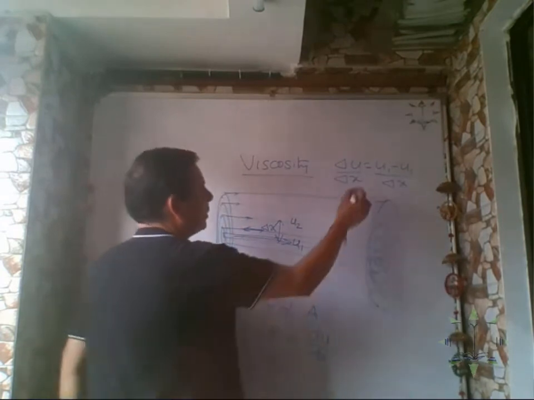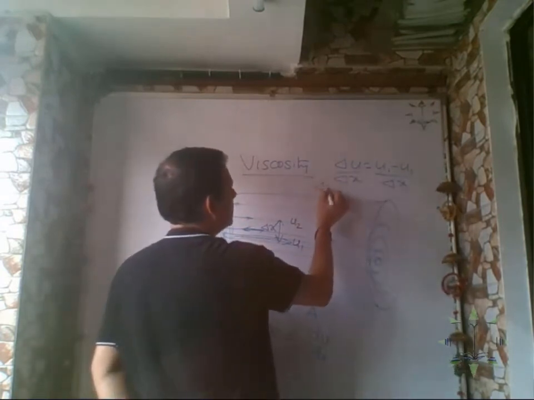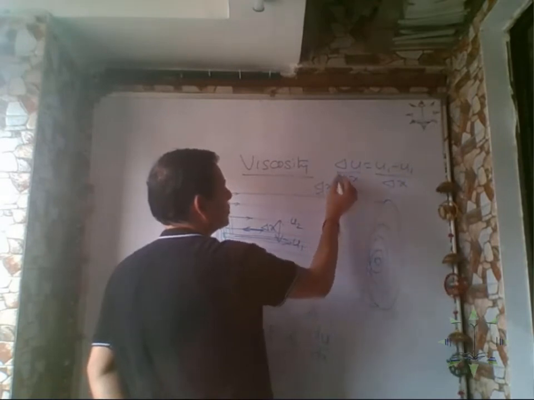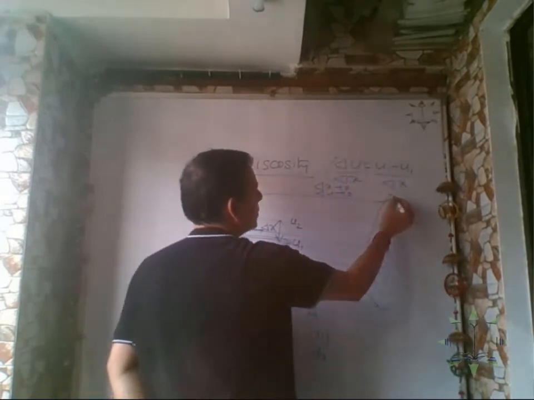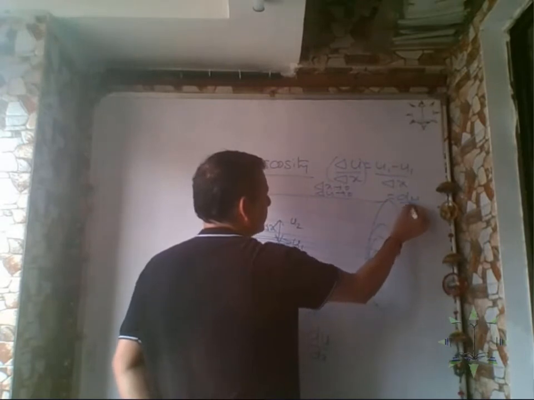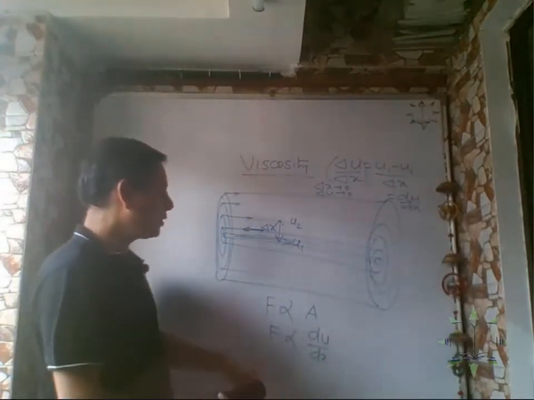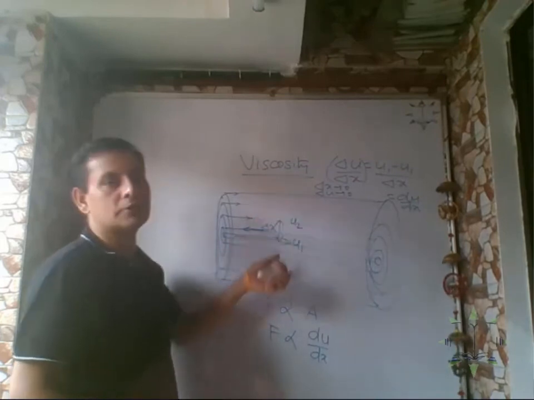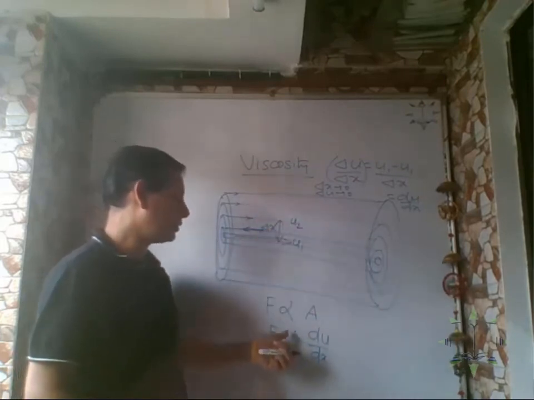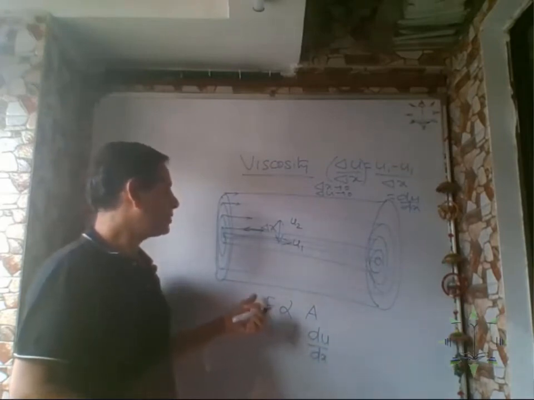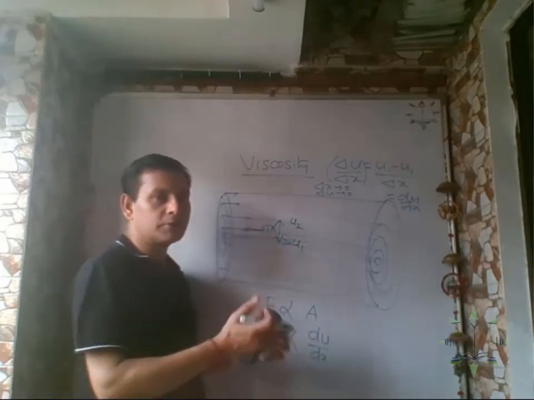If delta x is very less, tending to 0, delta u will be tending to 0, so using calculus we can write it as du by dx. Okay, applying the limit. So if there is more velocity gradient, if the rate of change of velocity is more, then we understand that the viscous force is more. On which does this viscous force, liquid internal force, depend?